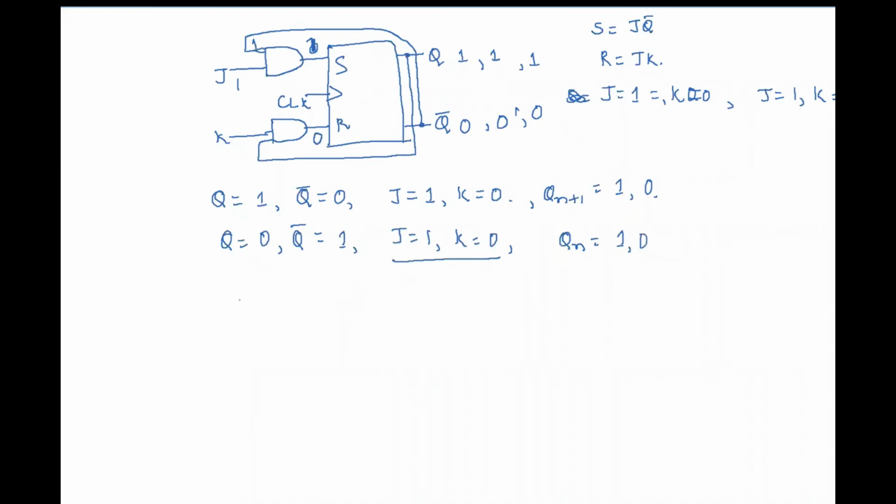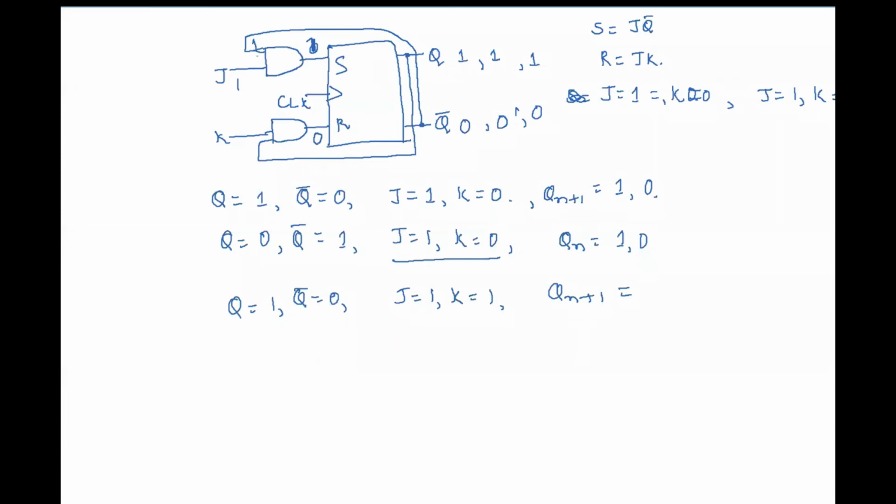Now another combination which is of interest to you is when Q is equal to 1 and Q bar is equal to 0 and J is equal to 1, K is equal to 1. Then what is going to happen? Here you can see J, K both are 1 and Q is equal to 1, Q bar is equal to 0.